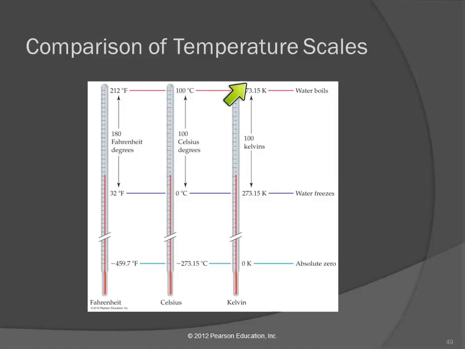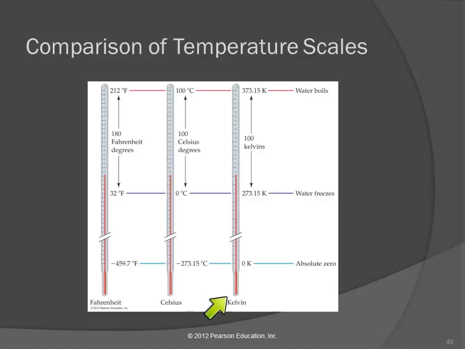The difference between water boiling and freezing is 100 kelvins, they're not degrees, they're just kelvins. And there's 100 degrees Celsius change here. So a degree Celsius and a Kelvin have the same value, the same temperature difference, they're the same size. The difference between the Celsius scale and the Kelvin scale is where 0 is.